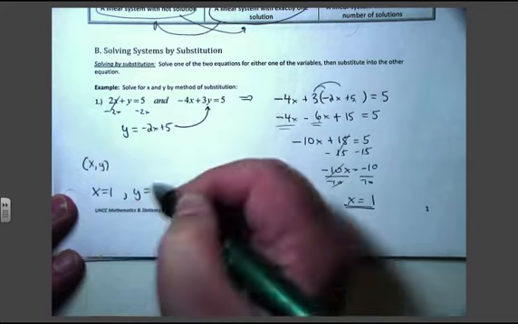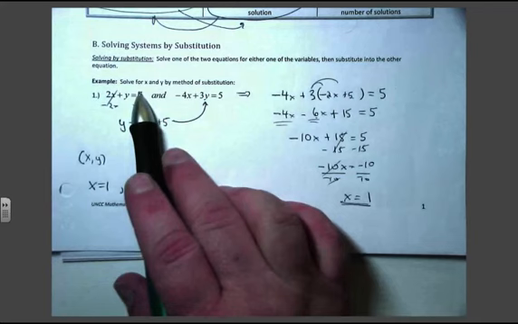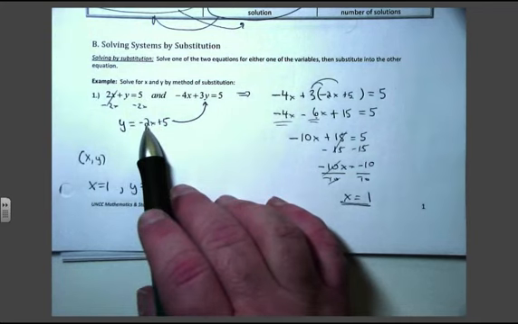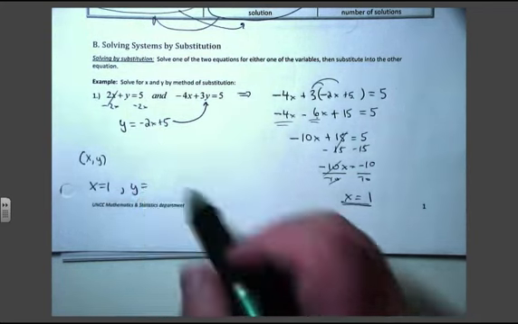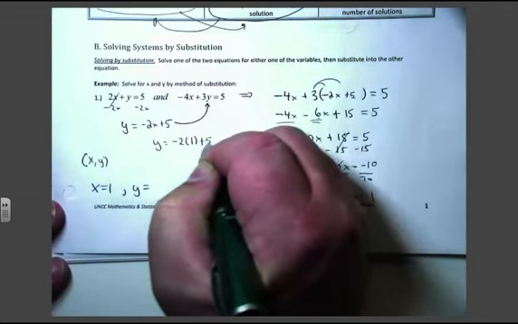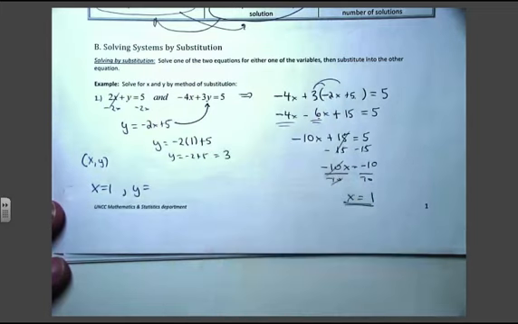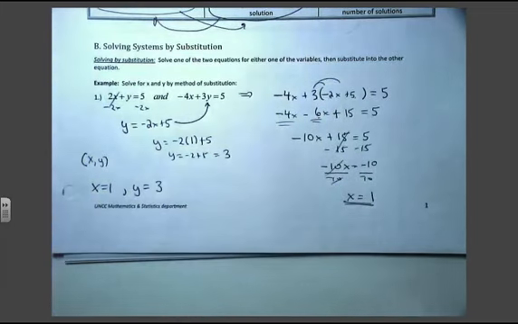What does that make y equal to? Well, you go back to that first equation where you solved for y, and you know now x is 1 and substitute it in. So y would be equal to negative 2 times 1 plus 5. So y equals negative 2 plus 5, which is equal to 3. So I get x equals 1, y equals 3.